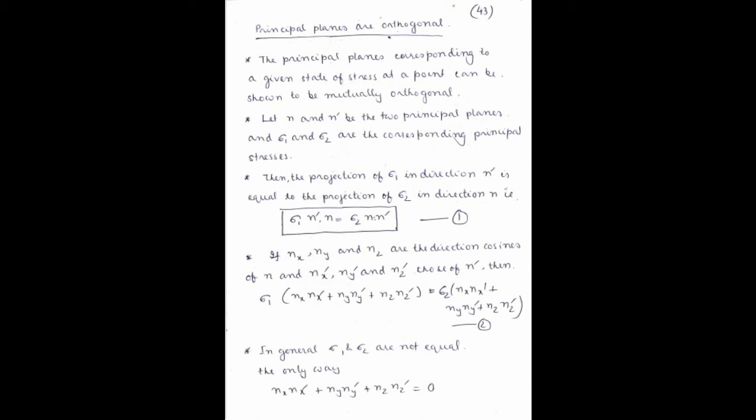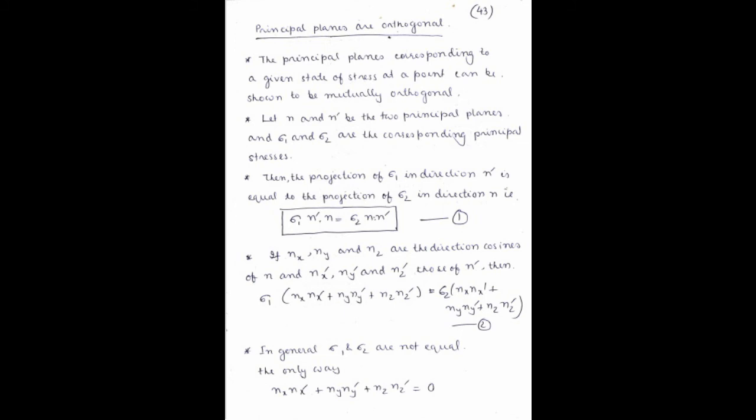Here we can see that on the left hand side the portion n dash dot n has been expanded through the dot product method, and similarly on the right hand side n dot n dash has again been expanded through the dot product method. So this is expression number 2.